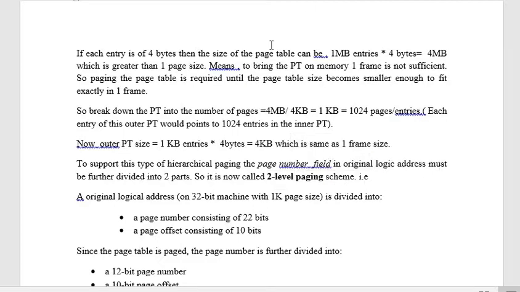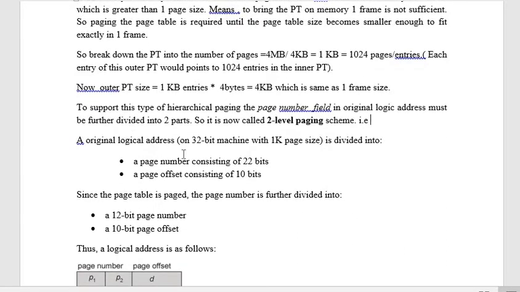To support all these problems we studied in the previous video, consider the original logical address of a 32-bit machine with 1K page size. It would require 22 bits for representing the pages.